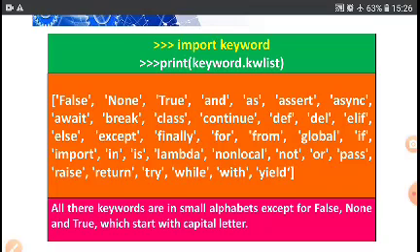At last you see all these keywords are in small letters except False, None and True. These start with capital letters. This is fixed, you cannot write them in small letters. False, None and True are the first, second and third keywords.